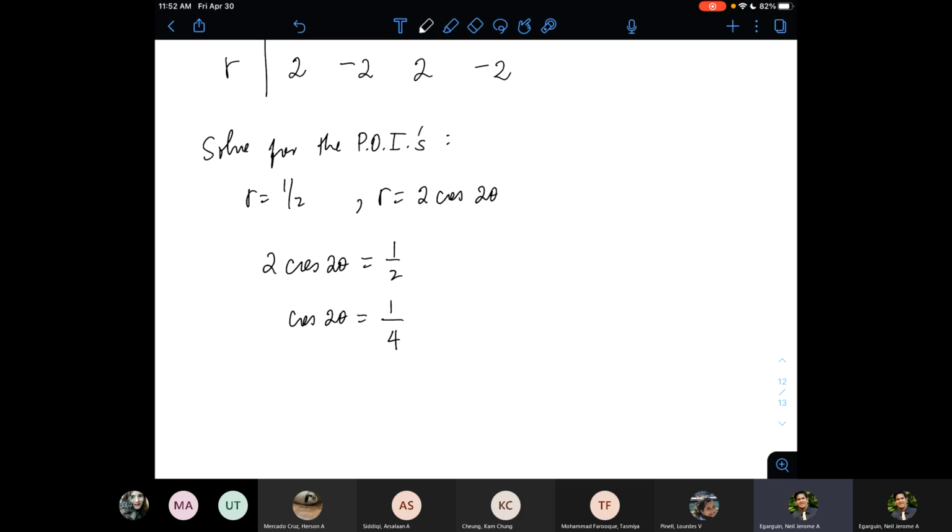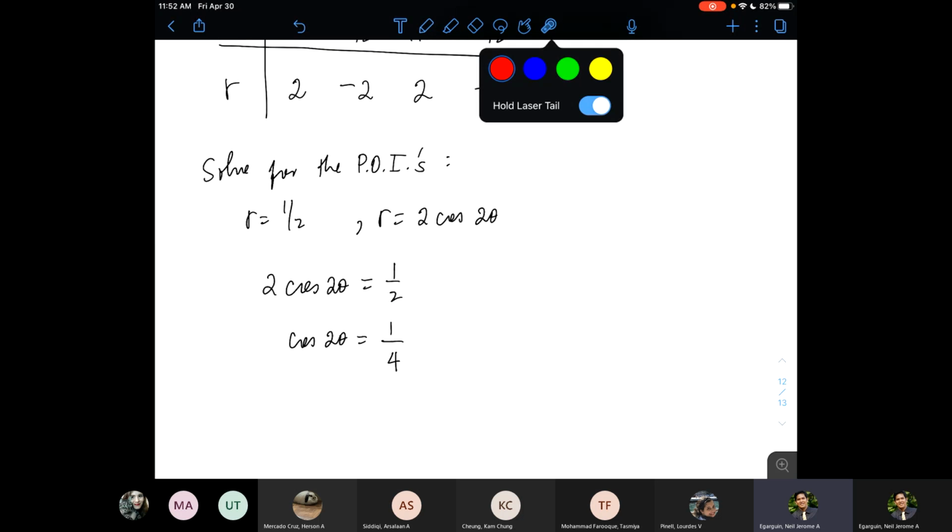I guess I made a typo here. It doesn't make sense that this would be my r value. r equals 1/2. I equate them to each other. I divide both sides by 2. But this will not be exact. So maybe I should have used r equals 1 instead.